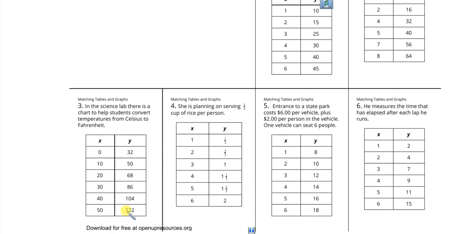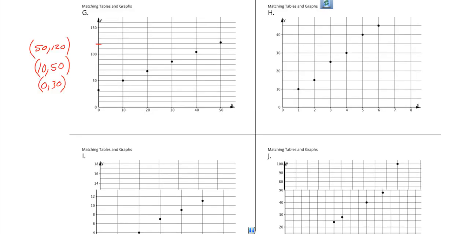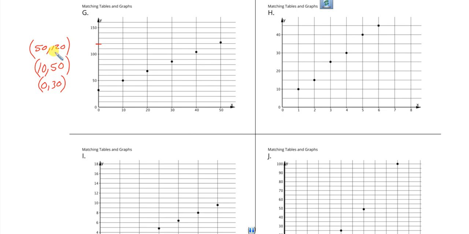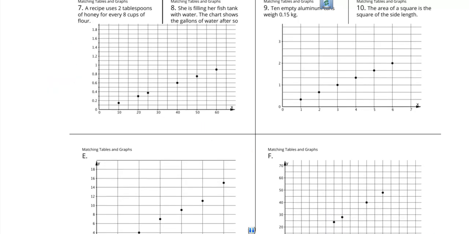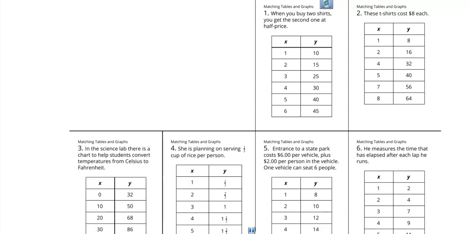There's also a 50 and 122, which is kind of close to what I had on that one, 50 and 120. And actually, now that I look at it, they've got it a little above the 122. So I'm feeling really strongly that this one matches the science lab. So I feel like this one matches that graph I was looking at. I believe it went with G.